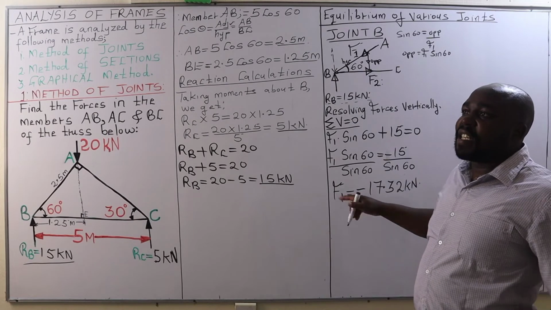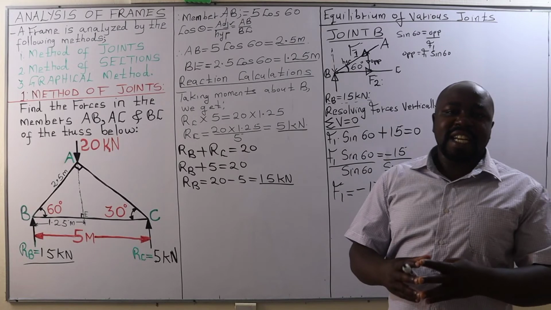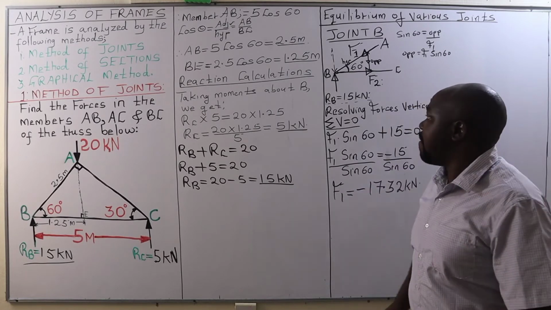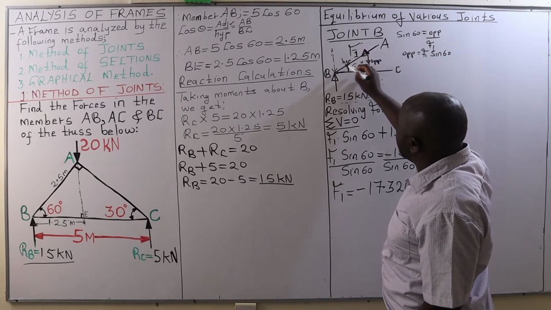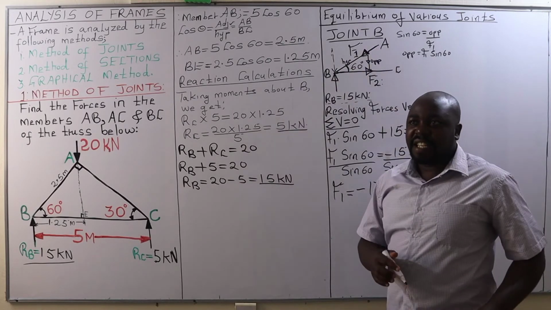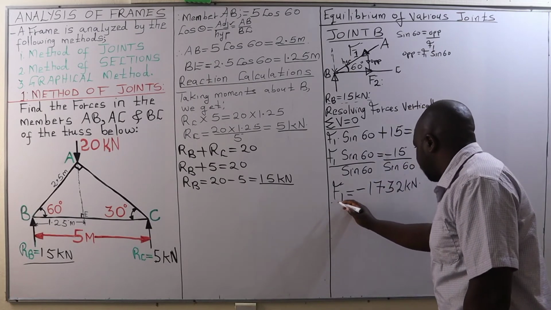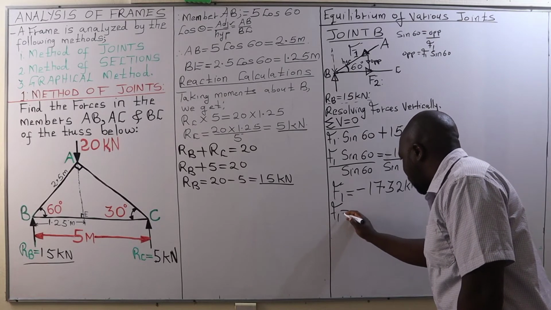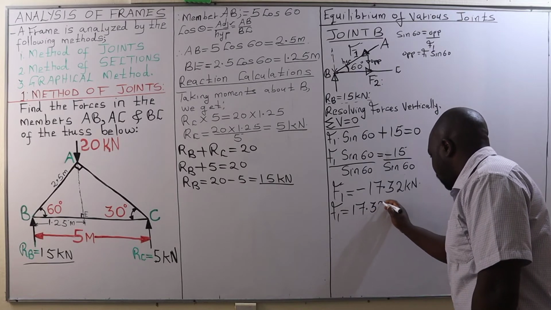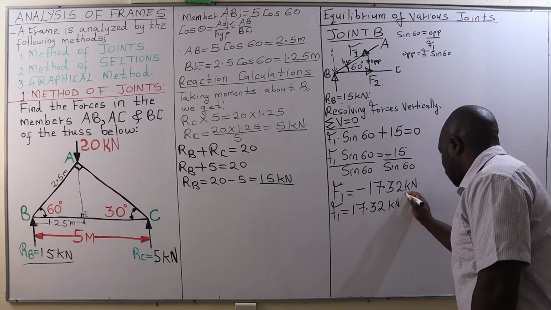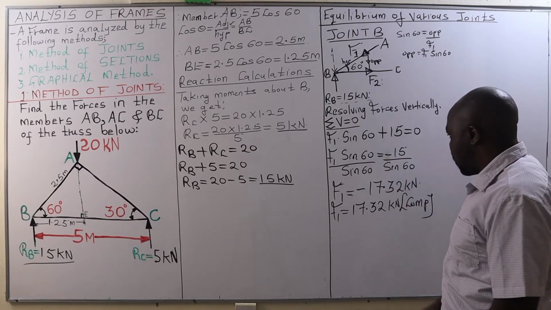This negative means that the force is compressive. Compressive forces are negative, tensile forces are positive, and therefore this force F1 is acting towards the joint B. It is compressing the joint B. Therefore, you can say that F1 is 17.32 kilonewtons, ignoring the negative, and that is a compressive force.